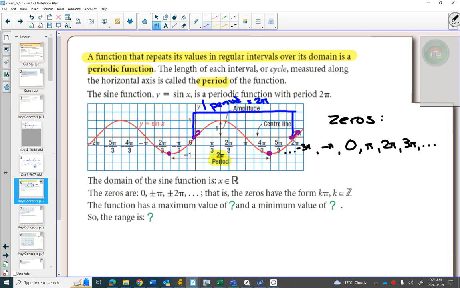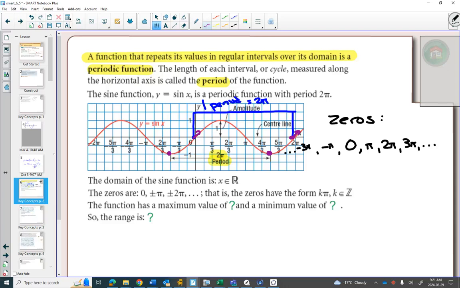So what mathematicians need to say is, how do we write all of these down if there's an infinite amount of them? And we'll do something very similar to what we did with coterminal angles. Remember using k, and then k as an integer with coterminal angles? Same thing here.